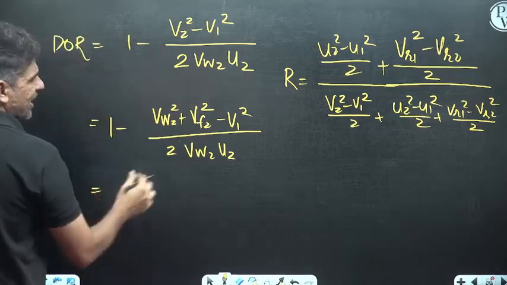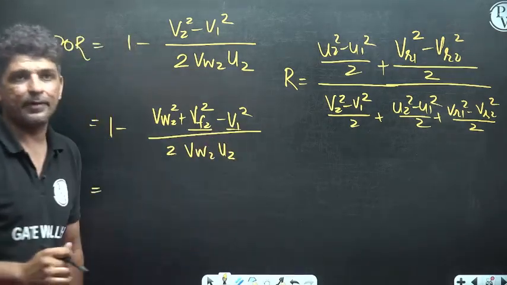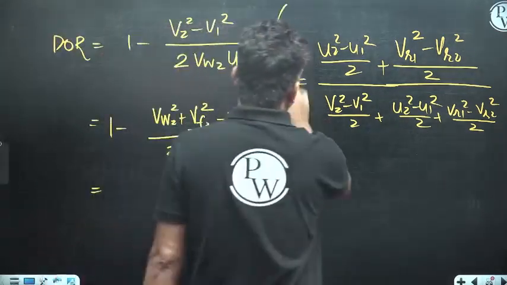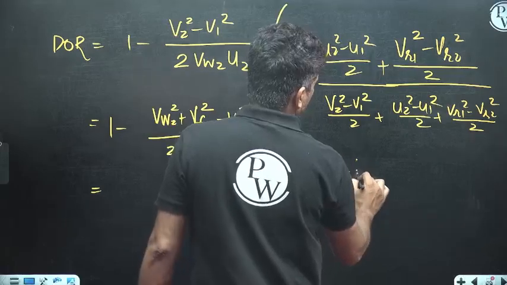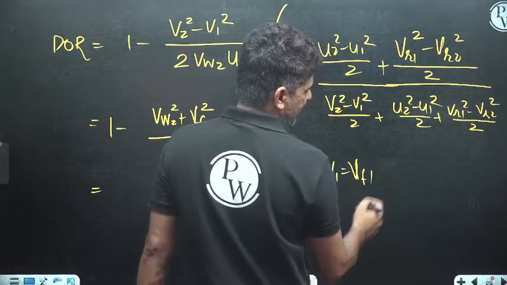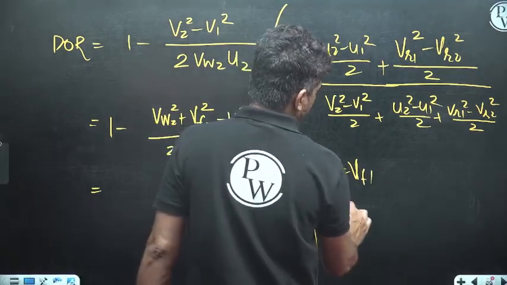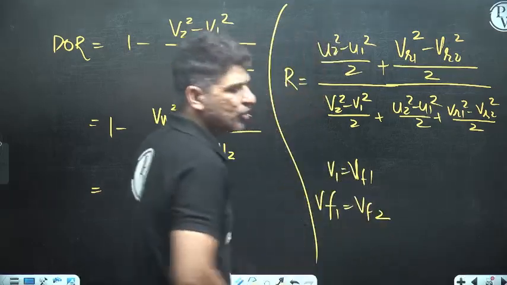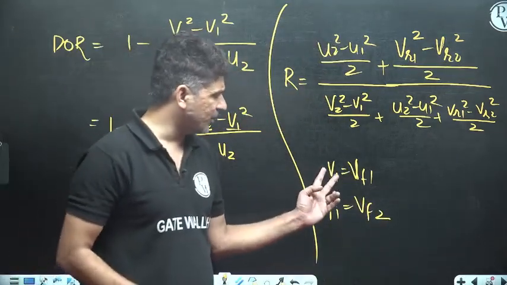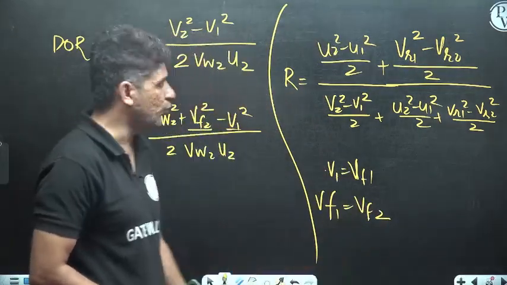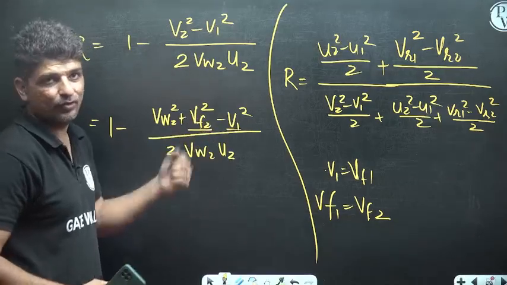And we know that V1 is equal to VF1, and we have VF1 is equal to VF2. So you can see that V1 and VF2 both will be the same.